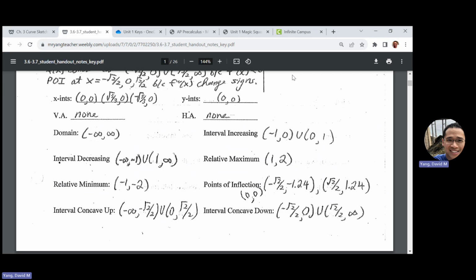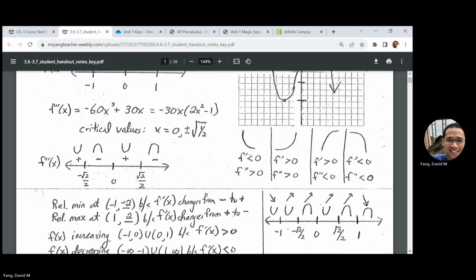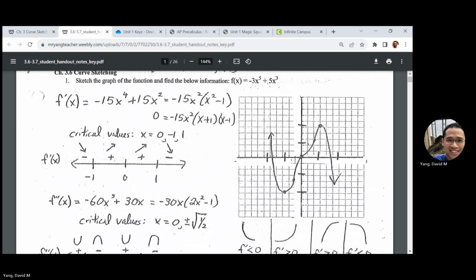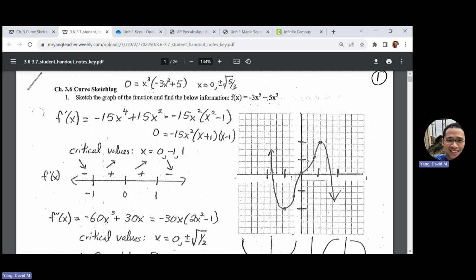Okay. Let's talk about the graph. I like to just gather the most important points, and then we're essentially going to be connecting the points together. We know that there is an x-intercept at 0, 0. We know there's an x-intercept at plus or minus √5/3. 5/3 is close to 2.